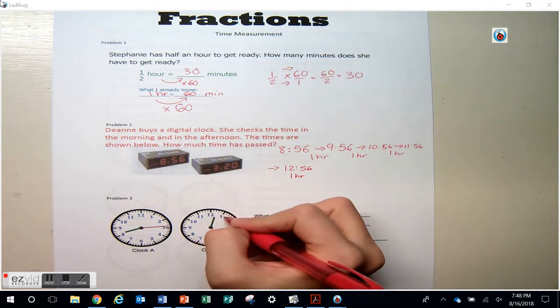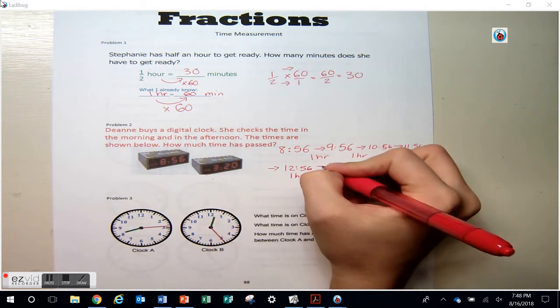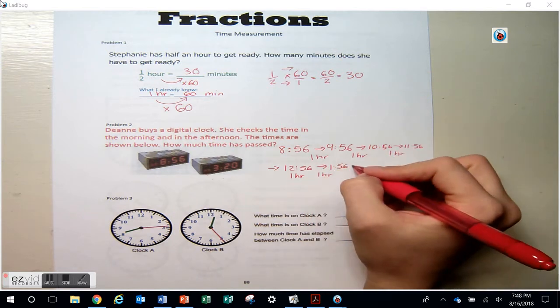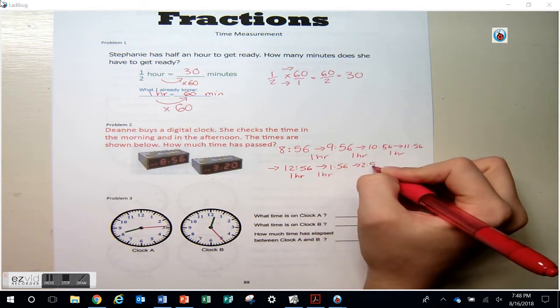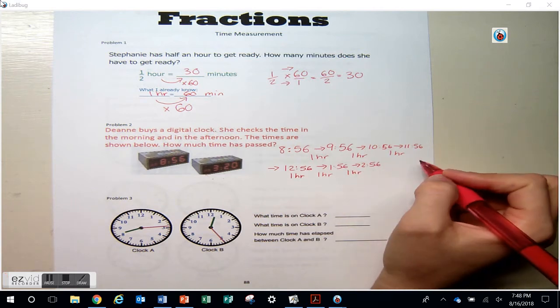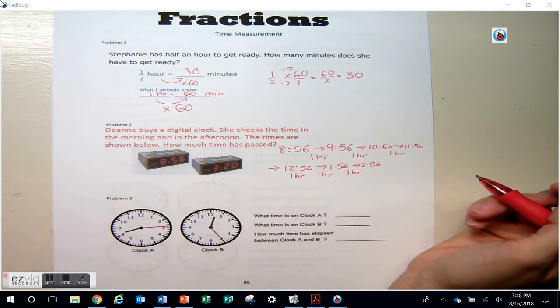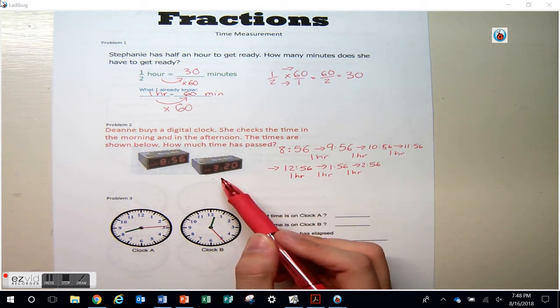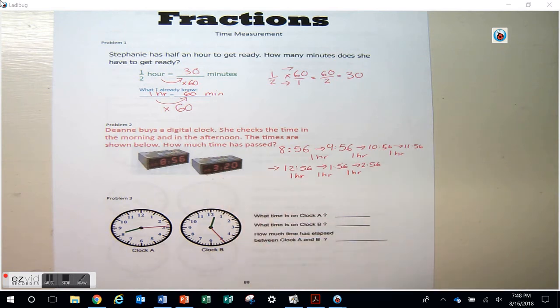Okay. After 12, we start back on our clock at 1. So now I'm at 1:56. Here's another hour. 2:56. Here's another hour. Can I now go to 3:56? Why not? Because 3:56 is past our time.